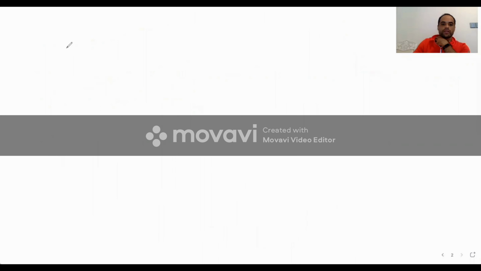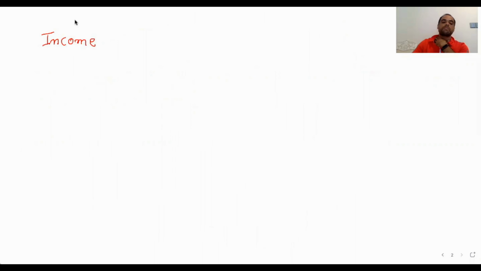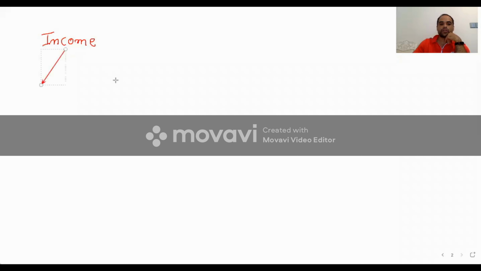So the basic ideas, starting from income. What does it mean, income? Income is making money, right? Generating money. So there are two types of income. Income is categorized into two parts.